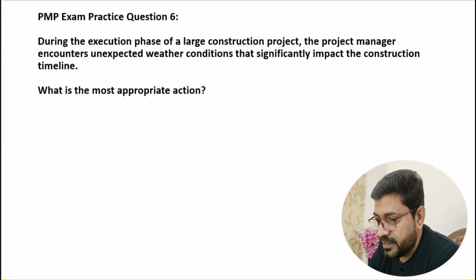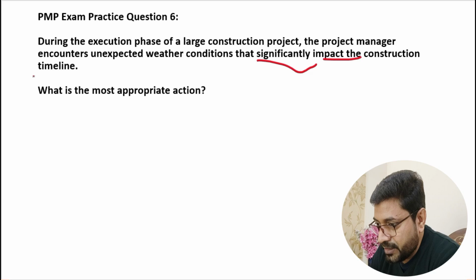Okay, so question number 6 says, during the execution phase of a large construction project, the project manager encounters unexpected weather condition that significantly impact the construction timeline. Okay, which means the schedule. And we are in the execution phase, right?